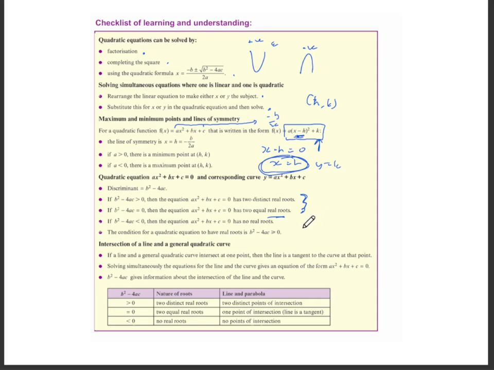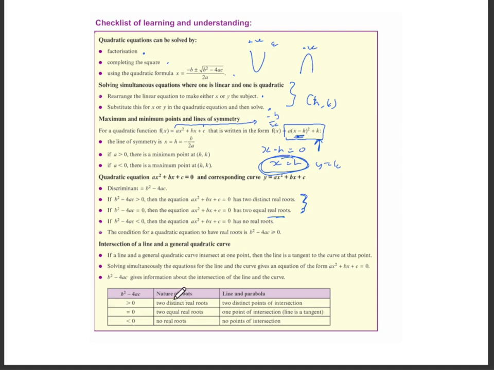Then if you want to see how points intersect, we can look at two lines where we use the simultaneous part first. So we arrange the linear equation to make either x or y the subject, then we substitute it into the other, and we write it into some form of a quadratic equated to 0. And then we can use our b squared minus 4ac in order to find what we want.